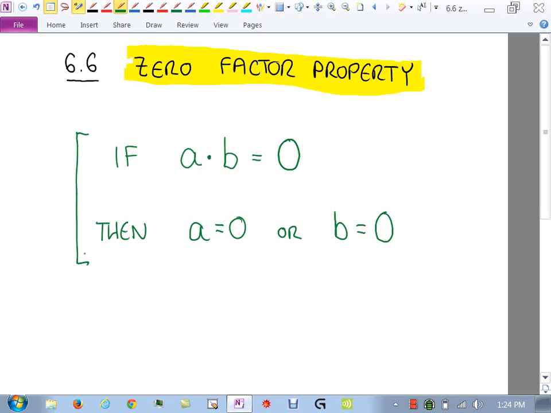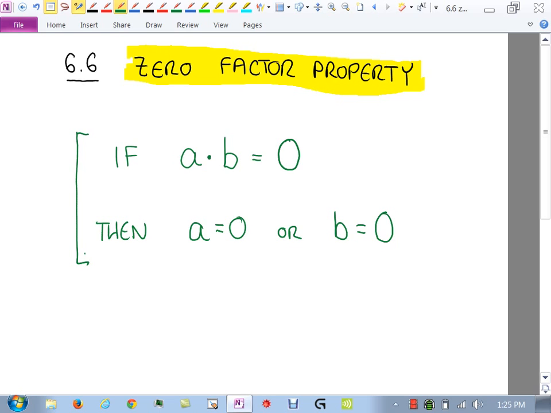All it says is that if 2 things multiply to be 0, then either A was 0 to start or B was 0. Another way you could look at this is to say the only way you can get 0 when you multiply 2 things is if one of them is 0.